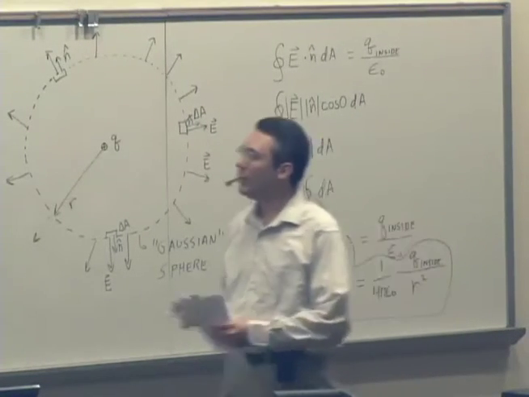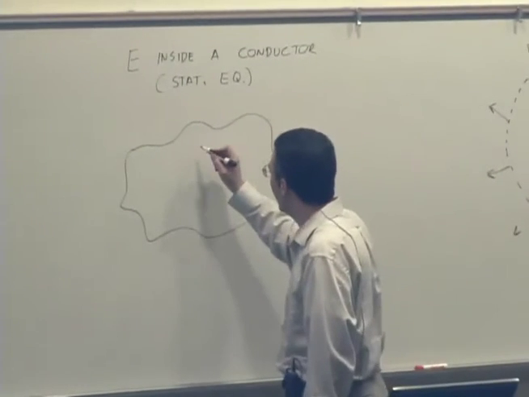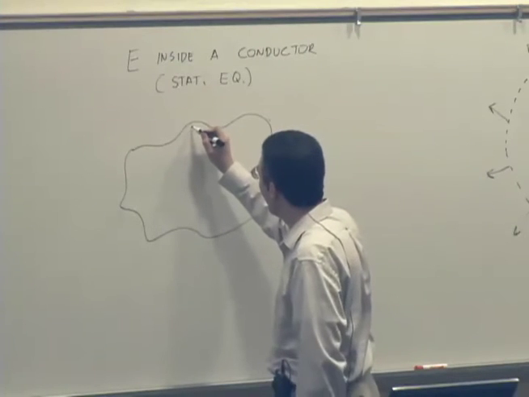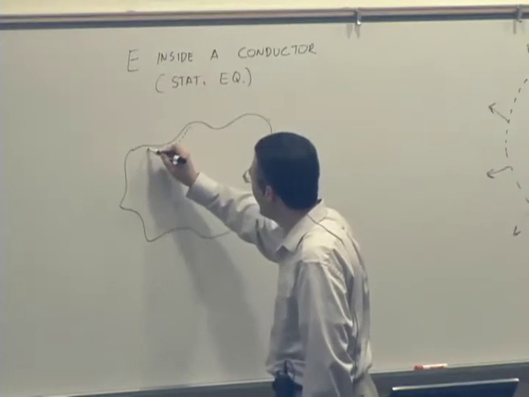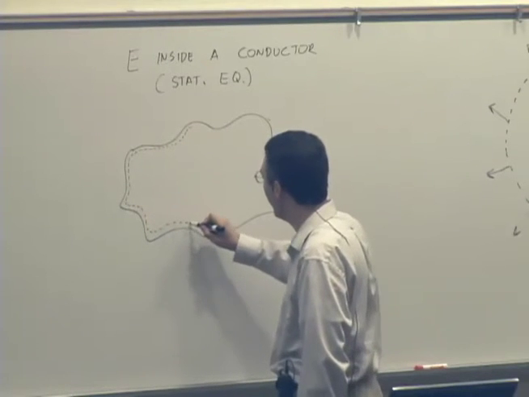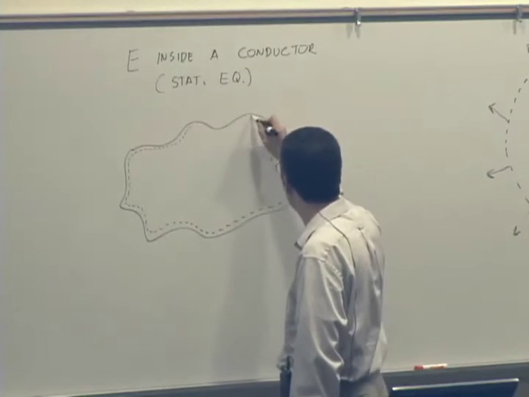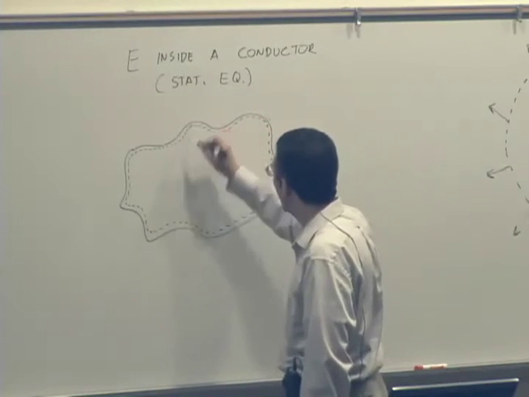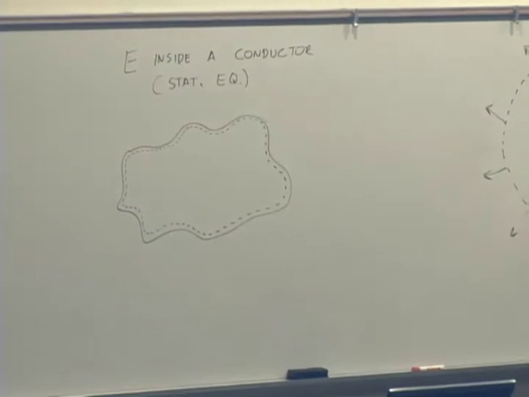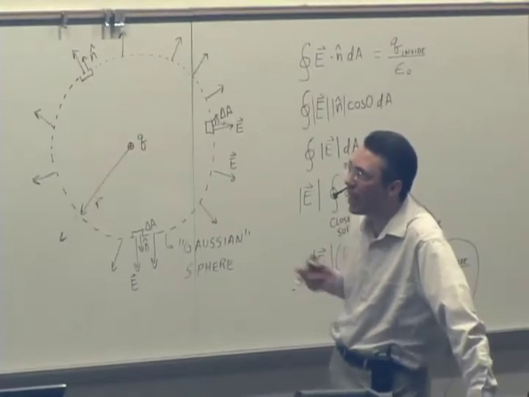More formally, we could use Gauss's law and think about a Gaussian surface that basically follows the outline or the shape of our piece of metal, but we're just shrinking it to just below the surface of the metal. So we have a Gaussian surface that is barely underneath the outer skin of the metal.